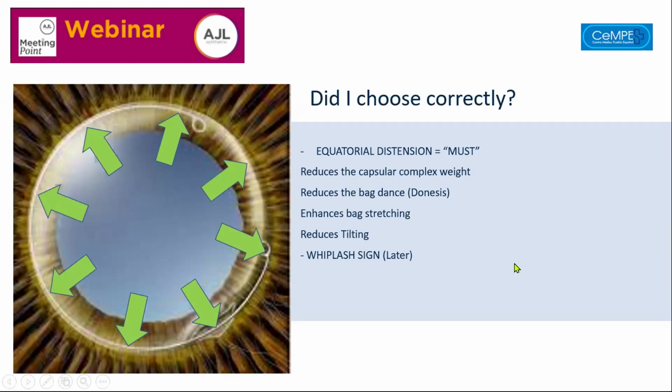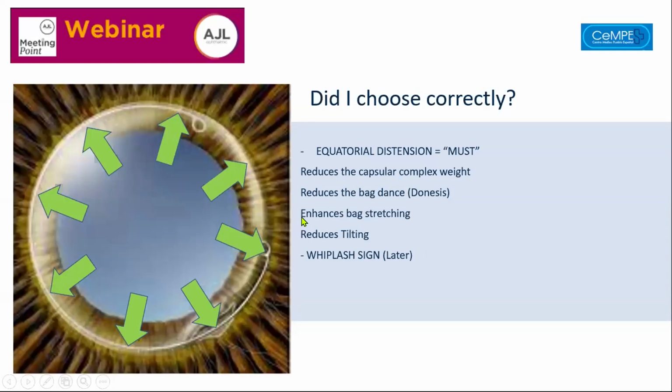That distension of the capsular bag at the equator, at the ELP, reduces the capsular complex weight because you are holding the capsular bag against the equator. So you are giving more strength to the zonule. Then it reduces the bag dance, the phacodonesis, so you don't have any phacodonesis in the postoperative.